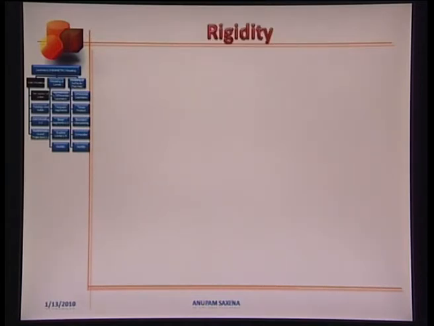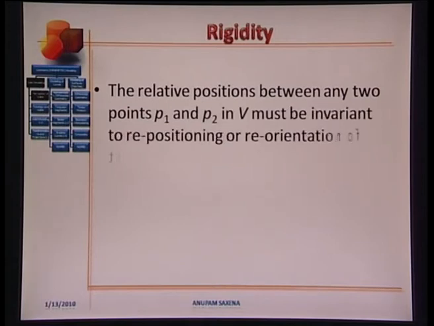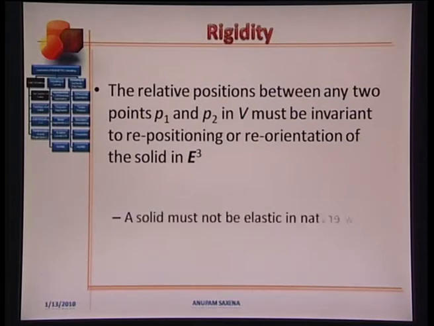Rigidity. The relative positions between any 2 points P1 and P2 in V must be invariant to repositioning or reorientation of the solid in the Euclidean space. What we want to say here is that a solid may not be elastic in nature when subjected to rigid body repositioning.